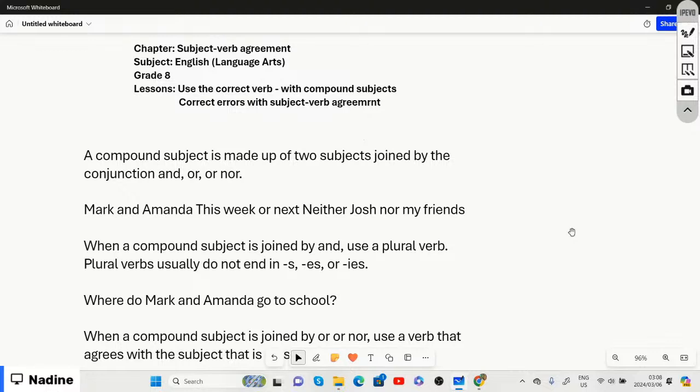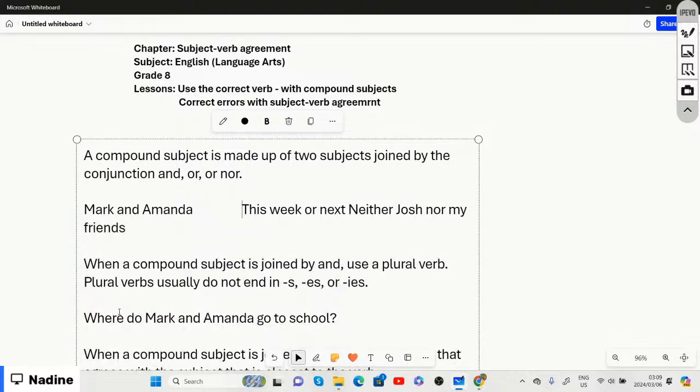It says a compound subject is made up of two subjects joined by a conjunction, which is and, or, nor. For example, Mark and Amanda. It's like saying this and that.